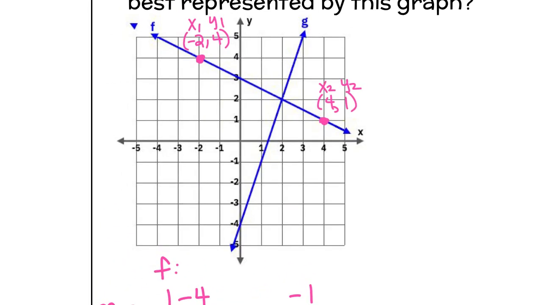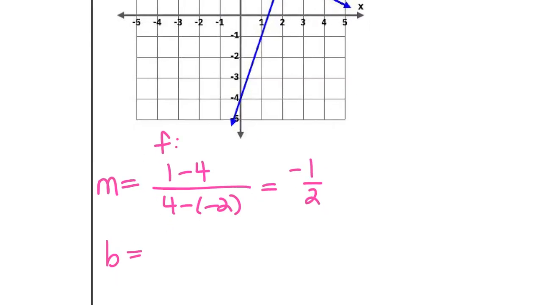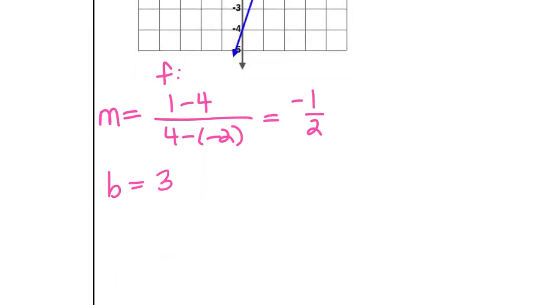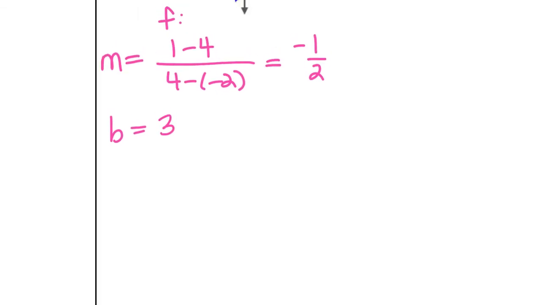So looking at line f, I see that it crosses the y-axis right here. So that number represents b. So for us, that's at positive 3. So to finish writing my equation in slope-intercept form, I would have y equals negative 1/2 x plus 3.